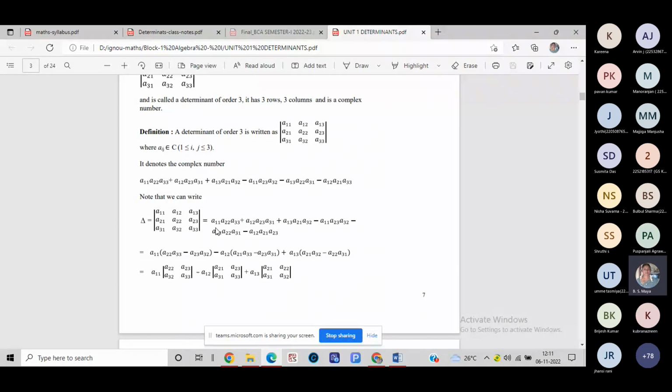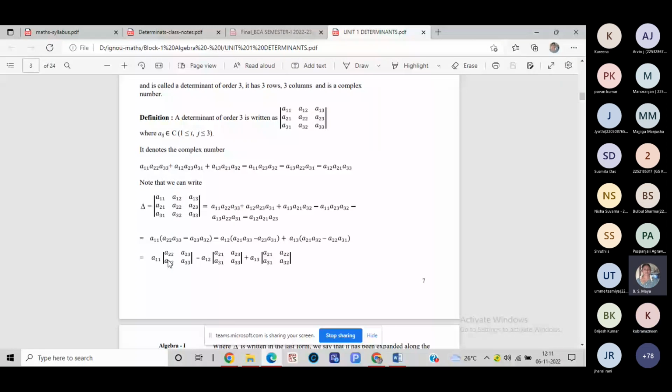Now all are in 2 cross 2. If it is 2 cross 2, can you take it, right? Yes, ma'am. Then what is the multiplication of this? A11 is the constant term. You keep A11 constant: A11 times A22 A33 minus A23 A32.